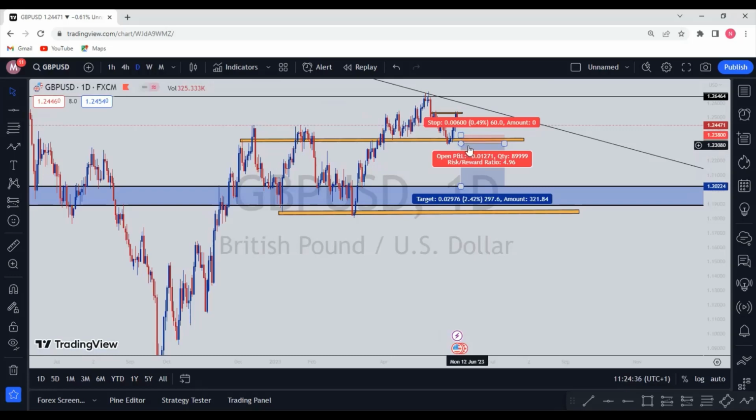So I'm just going to say wait for the market to break this yellow bar. Once we have broken this yellow bar, we are good to go. As long as you are trading above it, I won't be interested in the trade. So that's my take on this pair.